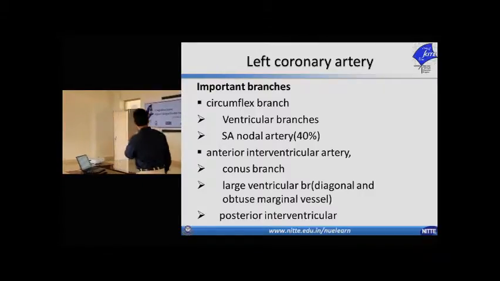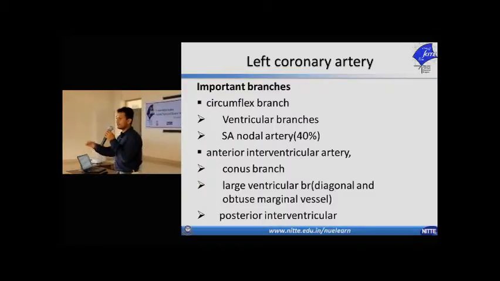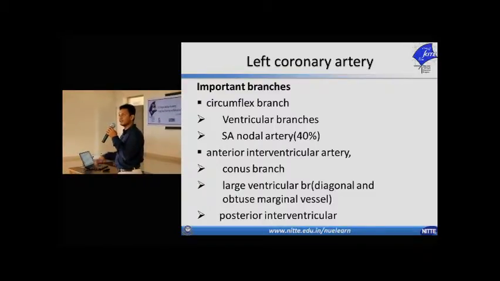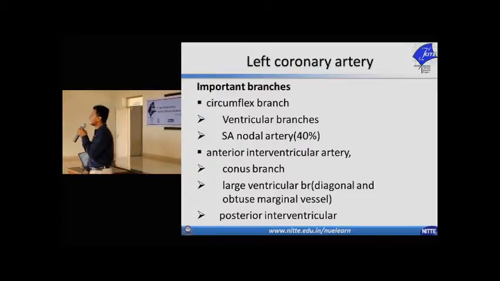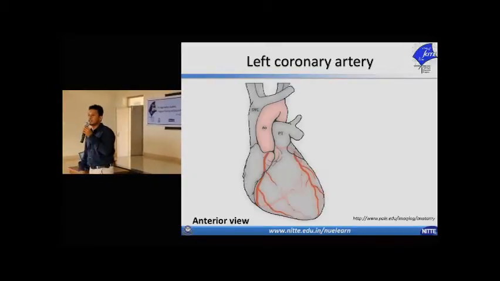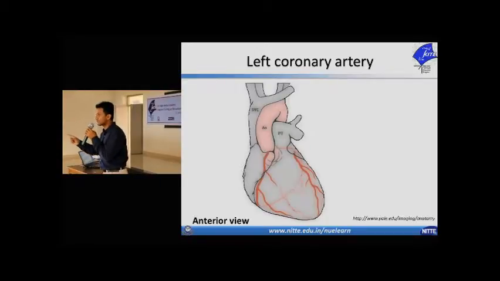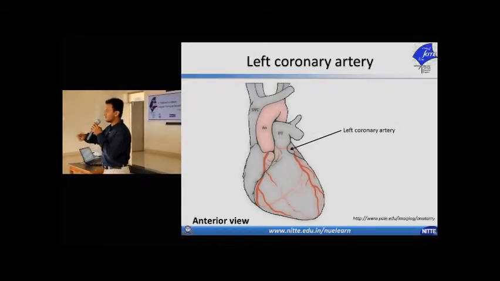From the anterior interventricular artery, there are ventricular branches and no atrial branches, because it runs in the anterior interventricular sulcus, which lies between the 2 ventricles. So it has to supply the right ventricle.